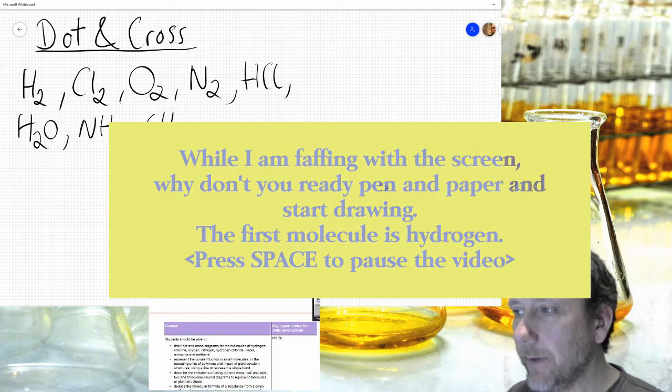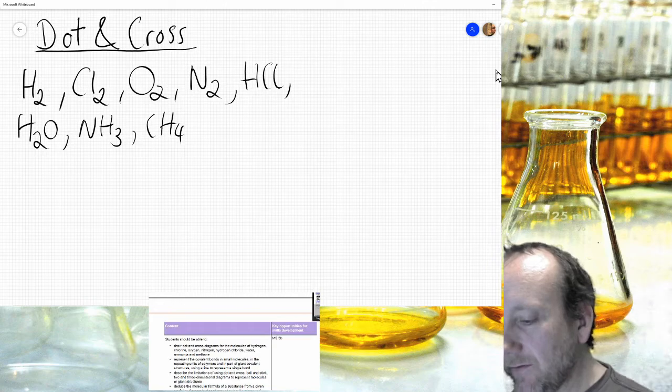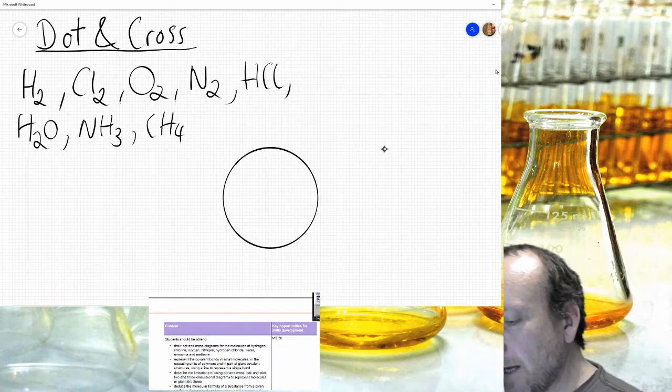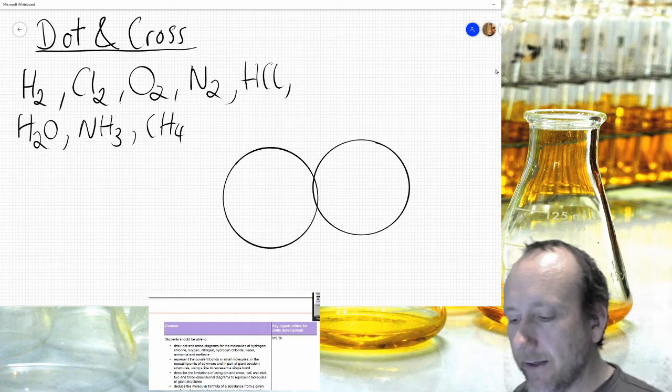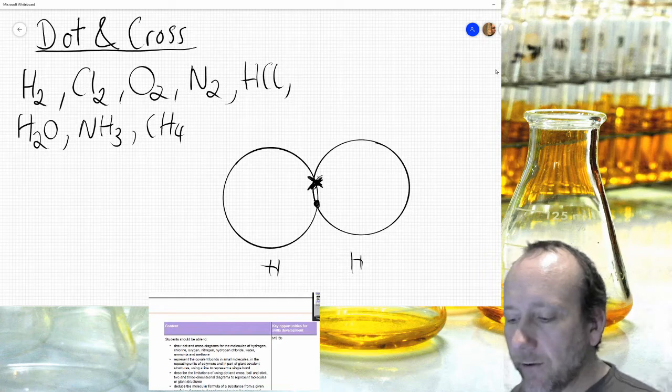So hydrogen is the simplest one, because all you've got to do is draw the outermost shells, draw two of them, and then share the single electron that they each have in that outer shell. So this is H2. How do we know that's correct?